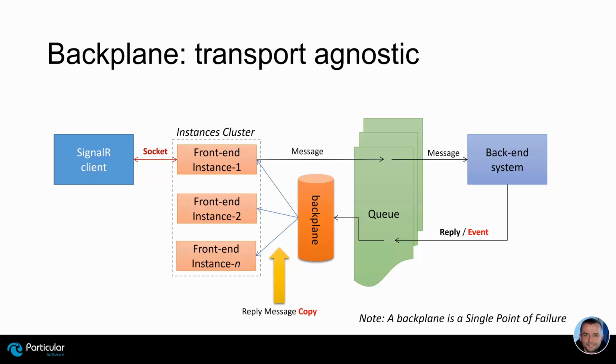So if our sockets are disconnected and we go from instance 1 to instance 2, then the reply would be on instance 2 and the client will still receive the reply. We also, in the case of the instance 1 failing, instance 2 and instance n, or how many we have, still get the reply message.